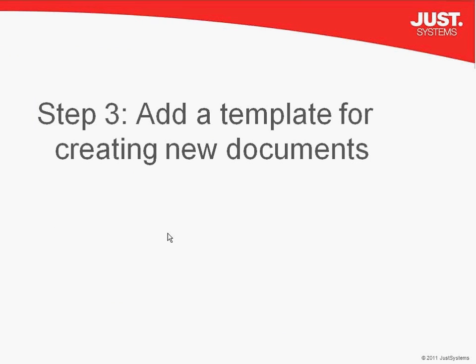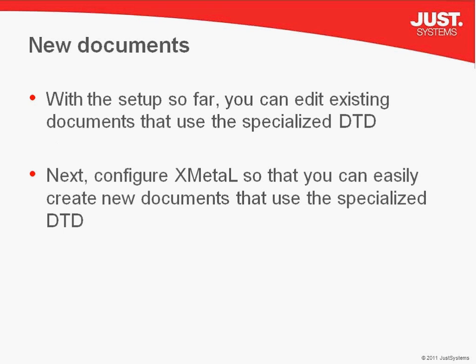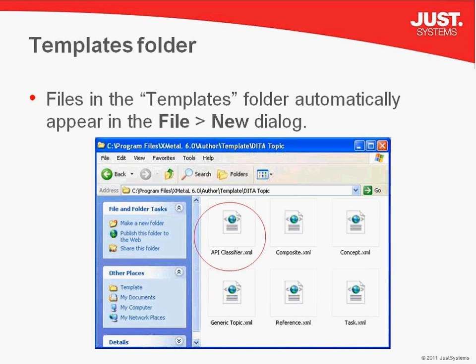So the next thing that we need to do is create a template for creating new documents. So far we can edit existing documents. The next thing that people obviously want to do is to be able to create new documents that are of that specialized document type. So in order to create a template for new documents, we're going to need to put a file into a particular place.